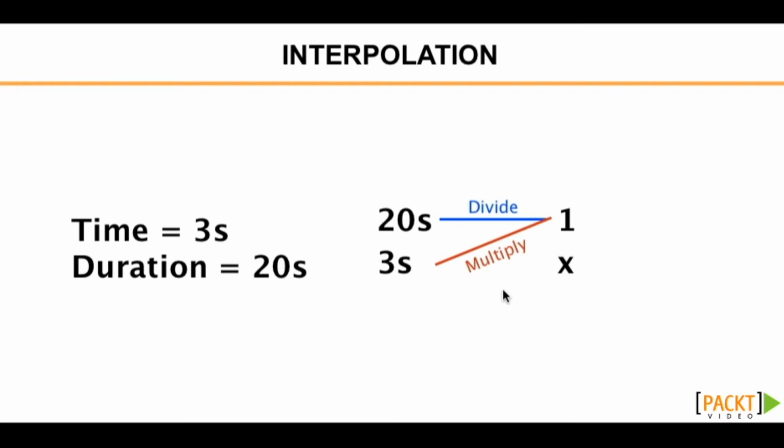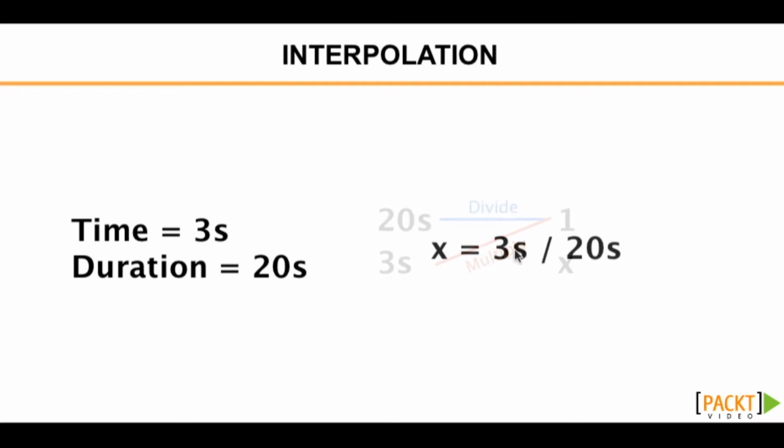In this case, it's just multiplying by 1 and divided by 20, which can also be expressed as 3 seconds divided by 20. That means the result is 0.15, and that's the parameter we need to use. So that's the end of this chapter. In the next chapters, we'll be applying this set of formulas to practical examples. So see you then.